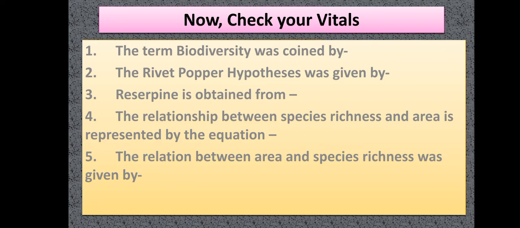The second one, the Rivet Popper hypothesis was given by. Third one, Reserpine is obtained from. Fourth, the relationship between species richness and area is represented by the equation. Here you have to write the equation of a species area richness relationship. The relation between area and species richness was given by.